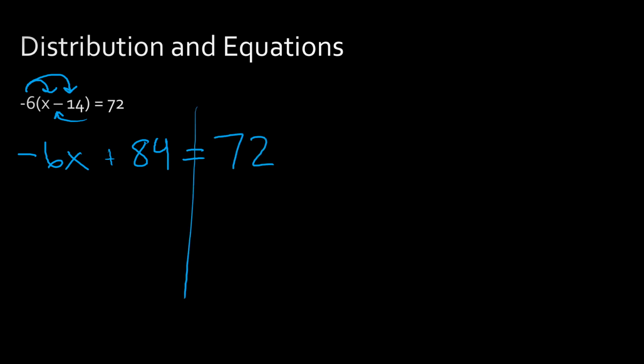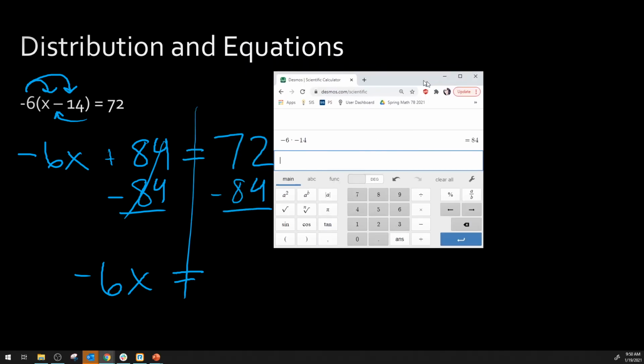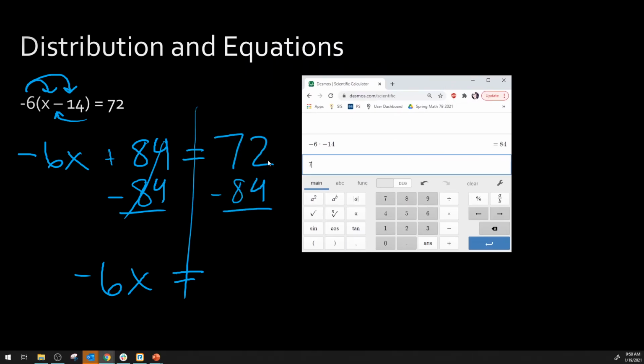So now opposite of adding 84 is subtracting. We're going to subtract 84 from both sides. I'm left with a -6x, and this is going to be equal to, and again, remember that when you're subtracting, your order of the numbers matters. So here 72 comes first, and I'm going to subtract 84 from that.